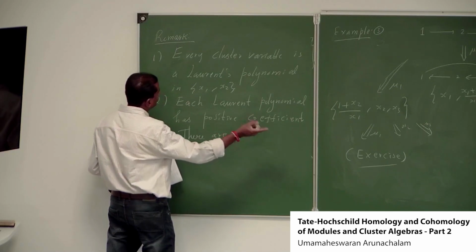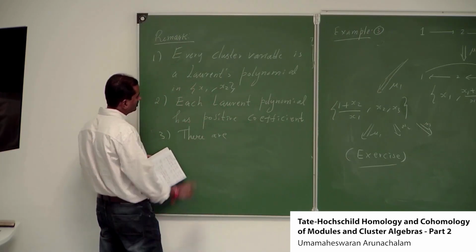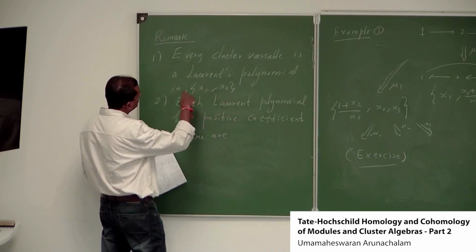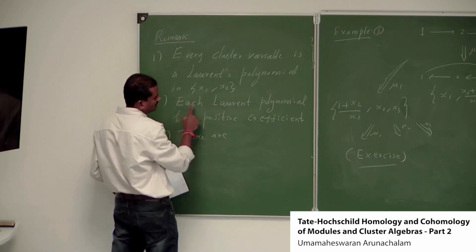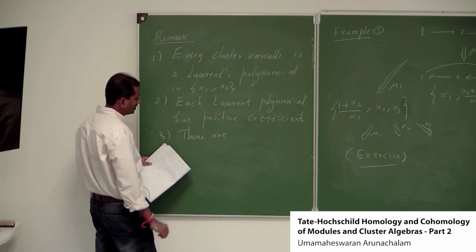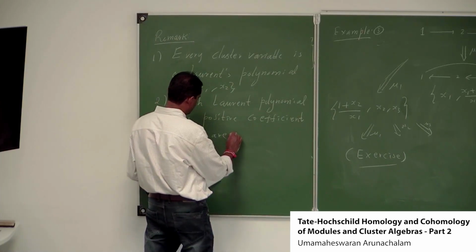Here, from this example I am giving this remark; in the general case it is also like that. Every cluster variable is a Laurent polynomial, each Laurent polynomial has positive coefficients, and in this example there are finitely many cluster variables.